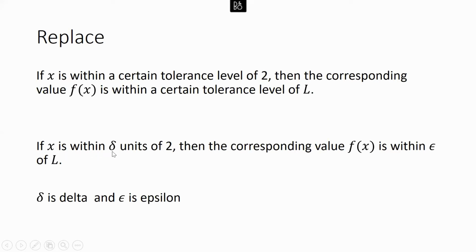And the variable we use for the tolerance level within our outputs is called epsilon. So it's going to read like this: if x is within delta units of 2, then the corresponding value f of x is within epsilon units of L.